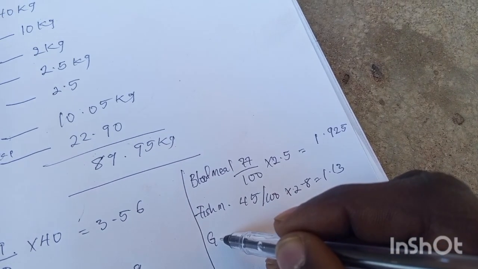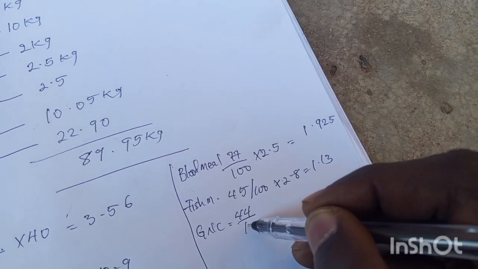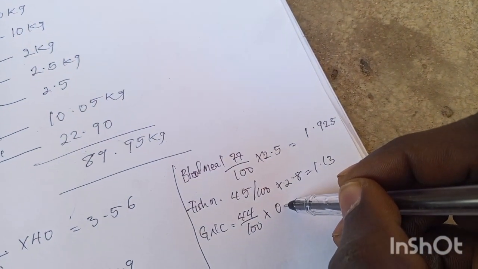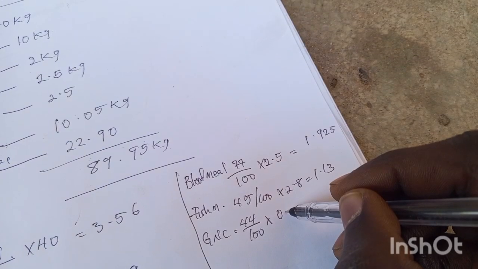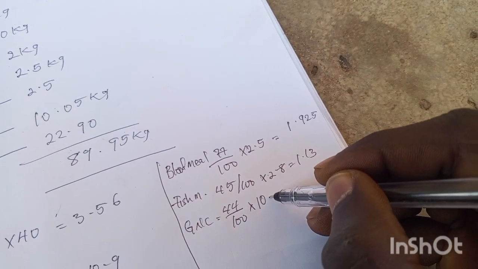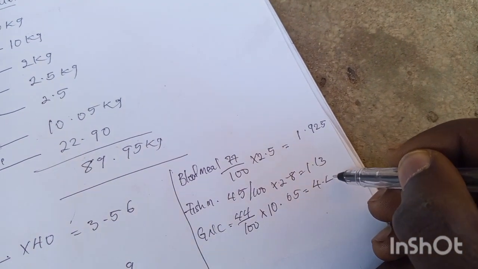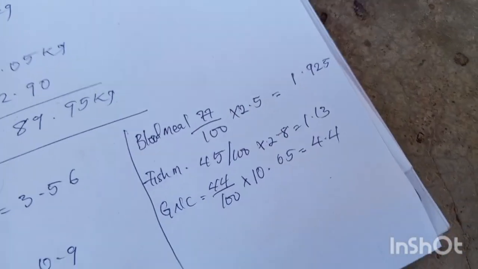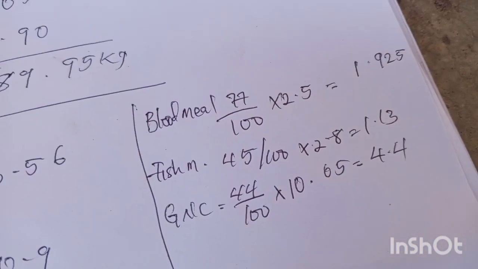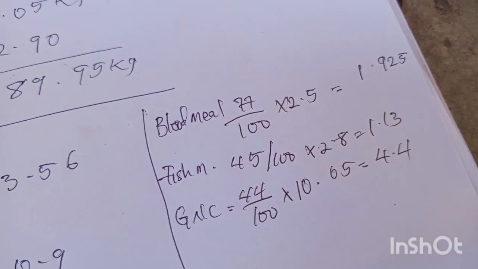Then groundnut cake, GNC, will be 44/100 times 10.05, which is equal to 4.4. So our value for this is 4.4.